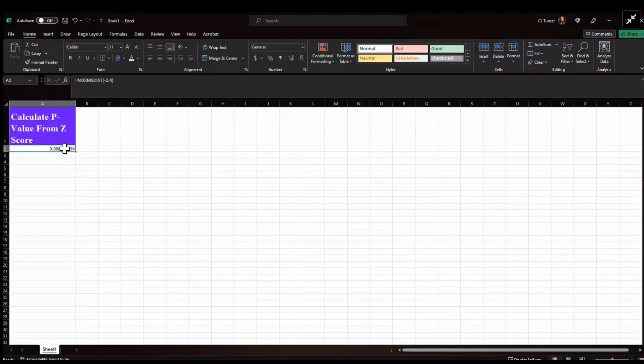And that gives us a nice figure, depending on how many decimal places they tell you to round it to. Usually they'll tell you to do 4. So this would be about 0.0082.